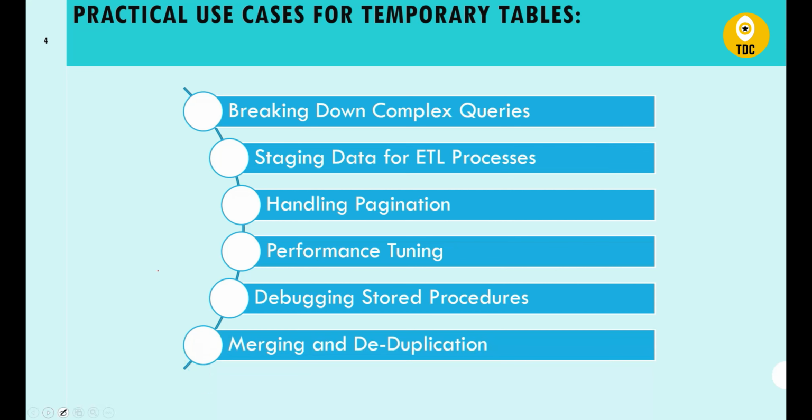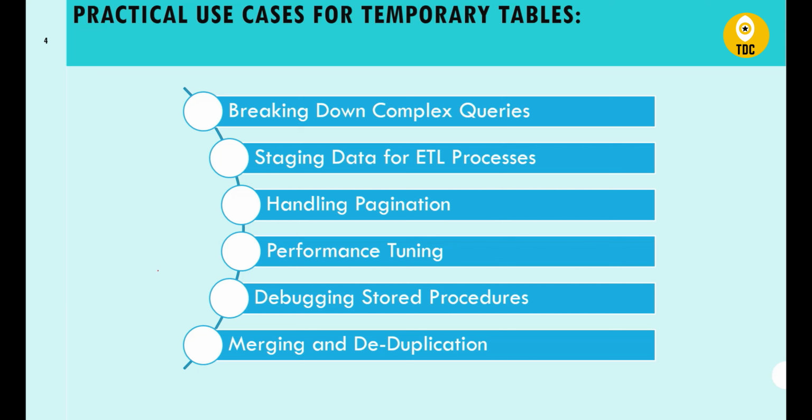And the next is you can use it for merging and deduplication. Temporary tables help manage complex scenarios like merging data or removing duplicates. For example, you have two data sets and you want to merge them and remove the duplicates.